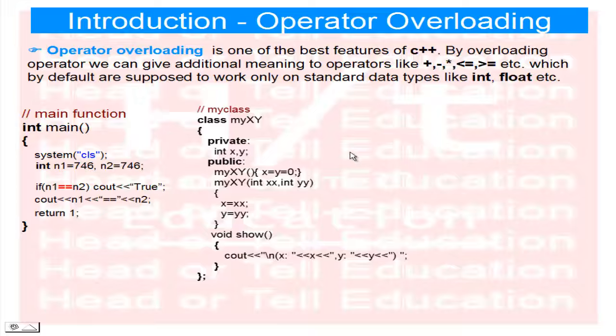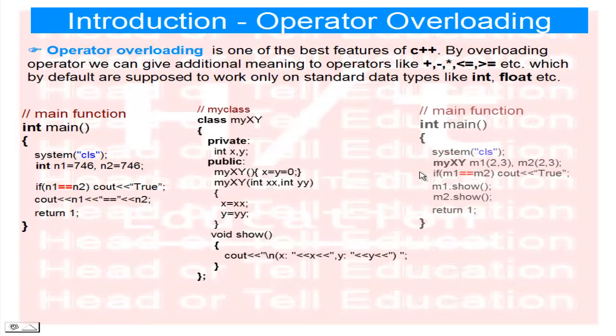Now next, I have created the same C++ program for my custom class, my xy class. Here I have created my xy objects: m1 with default value 3 and m2 with default value 3. Next statement: if m1 equals m2, then the result cout is true, and print the values with m1 dot show and m2 dot show.